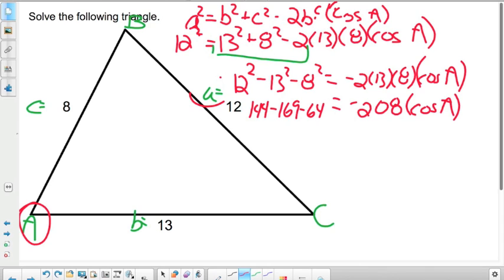So it's 144 minus 169 minus 64, with three numbers being subtracted. That gives negative 89. So negative 89 equals negative 208 times cos of A. Now I can isolate cos of A by dividing by negative 208.